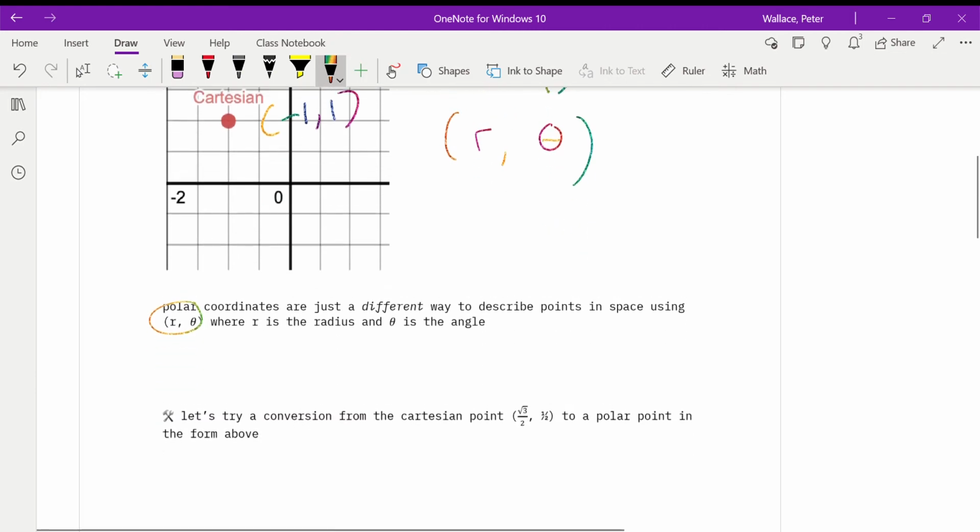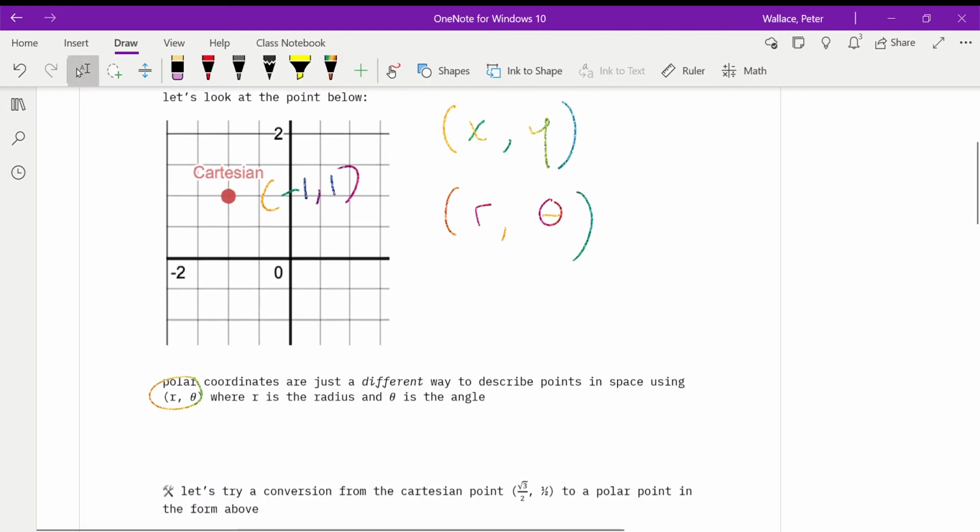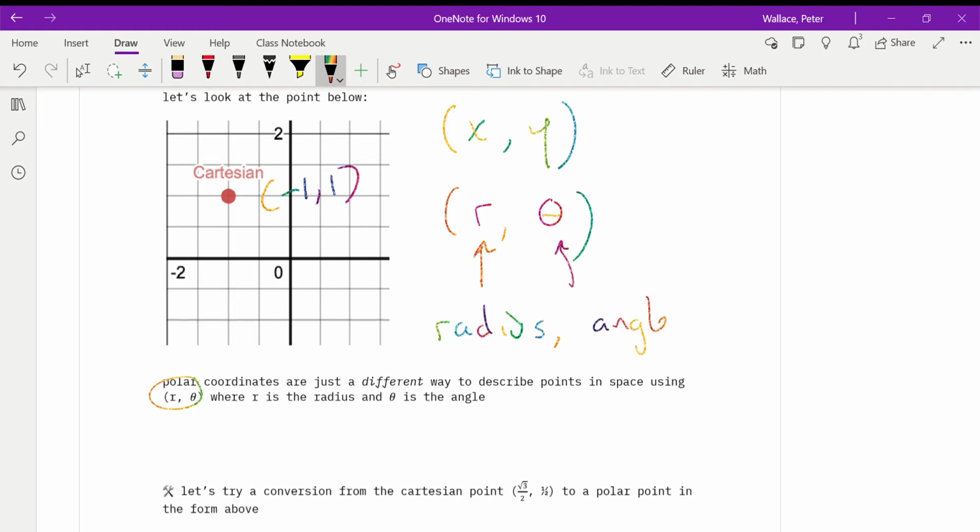So what we're going to end up doing is expressing this in terms of an r, a radius, and a theta, an angle. Now how are we going to do that? So we've got this point here, and what we end up doing is drawing this line here, and then we can drop down a side here, and then we've got this nice triangle.